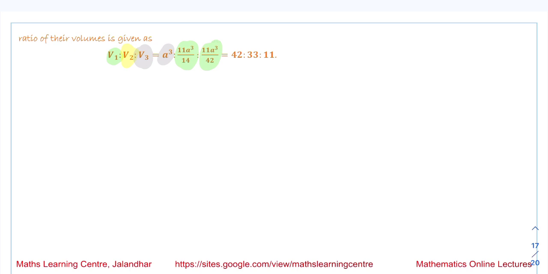When we solve these values, we see that A cube gets cancelled, and we are left with the ratio 1 is to 11 by 14 is to 11 by 42. You look at these denominators over here.